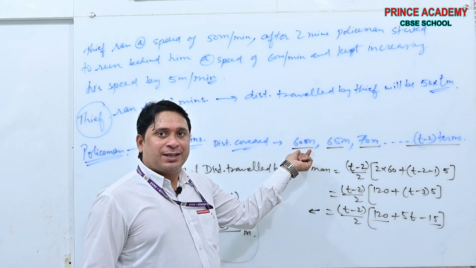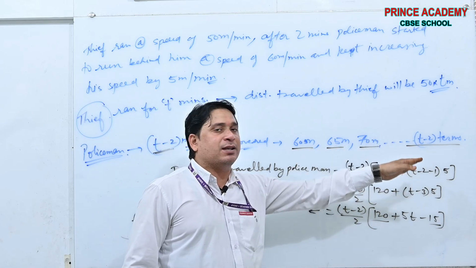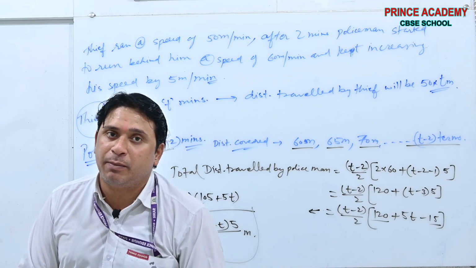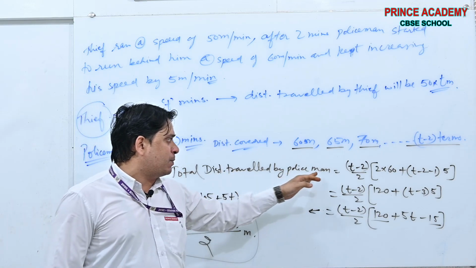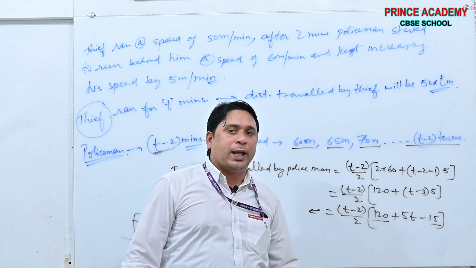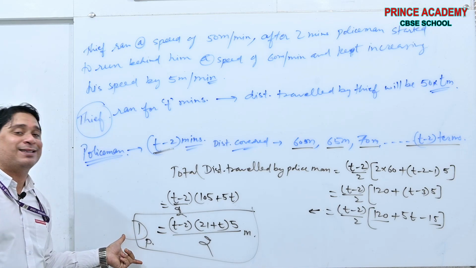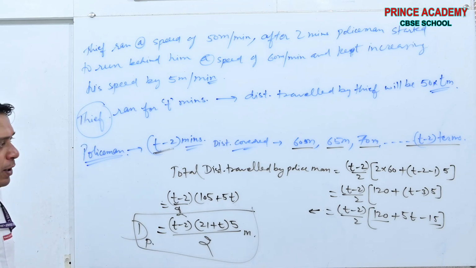First minute's run is this, second minute's run is this. If we add these runs, you will get the total distance traveled by the policeman. Therefore, the total distance traveled by the policeman is n by 2 into 2a plus n minus 1 into d. You will find the distance traveled by the policeman is this. Once you take the screenshot, then I will solve it.